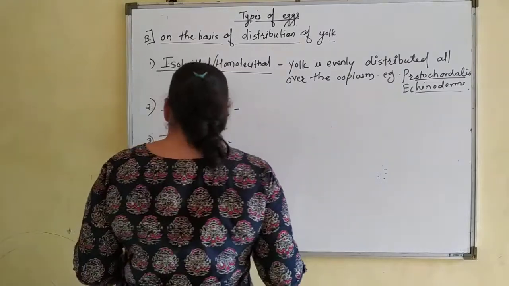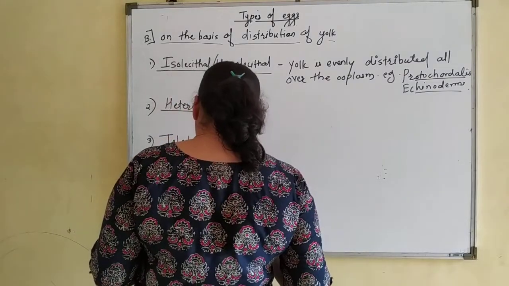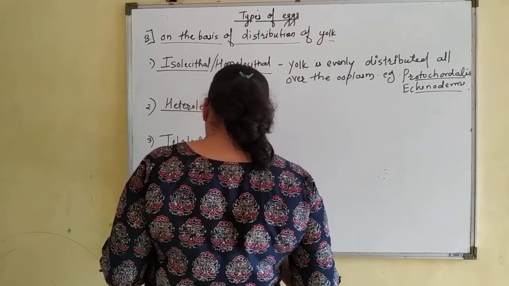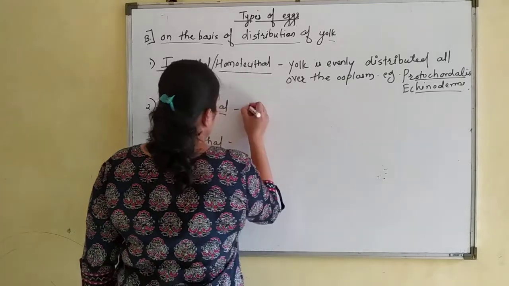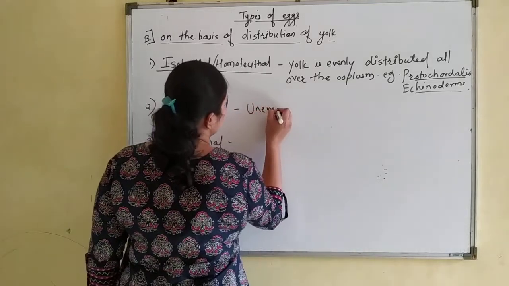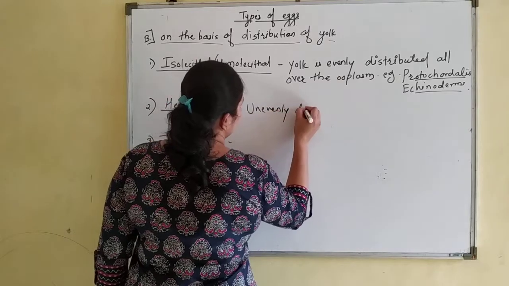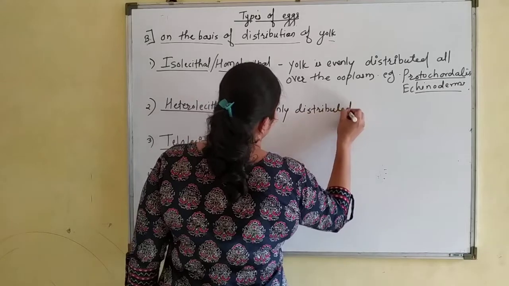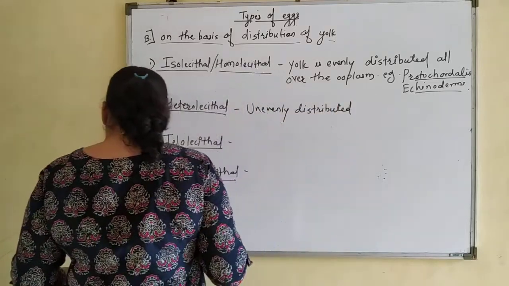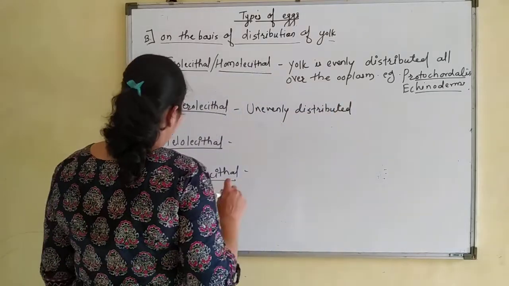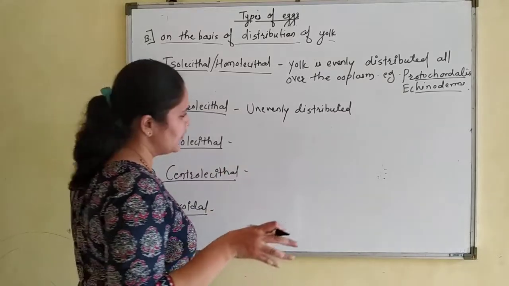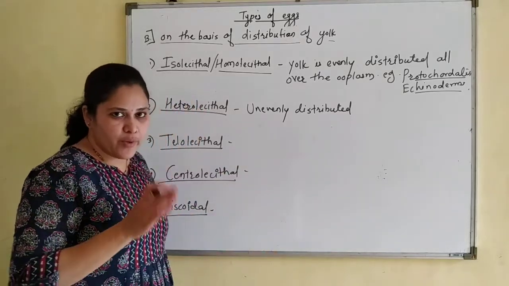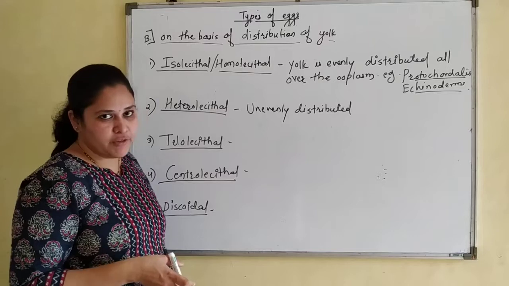Okay, next one, heterolecithal. It is unevenly distributed. Then telolecithal yolk is present toward one side, only the half part of the egg cell.